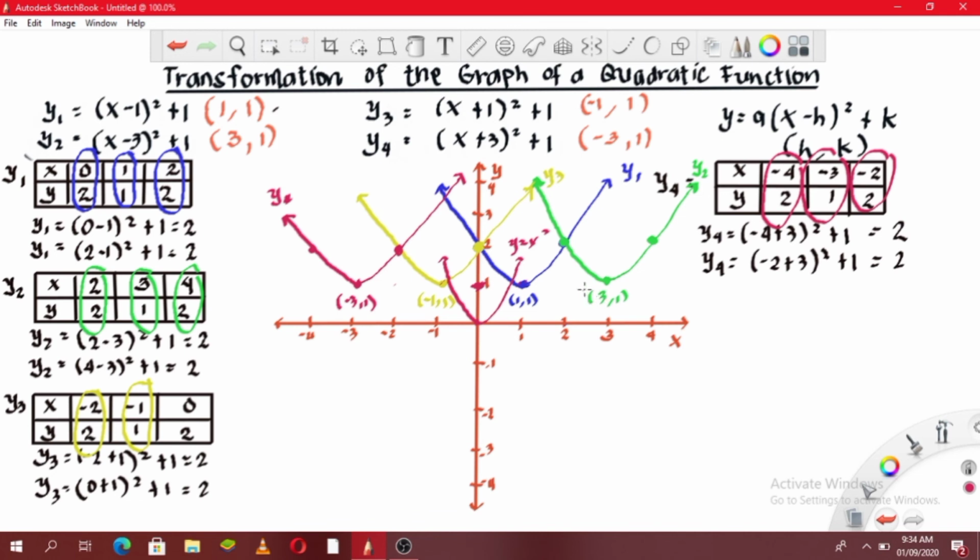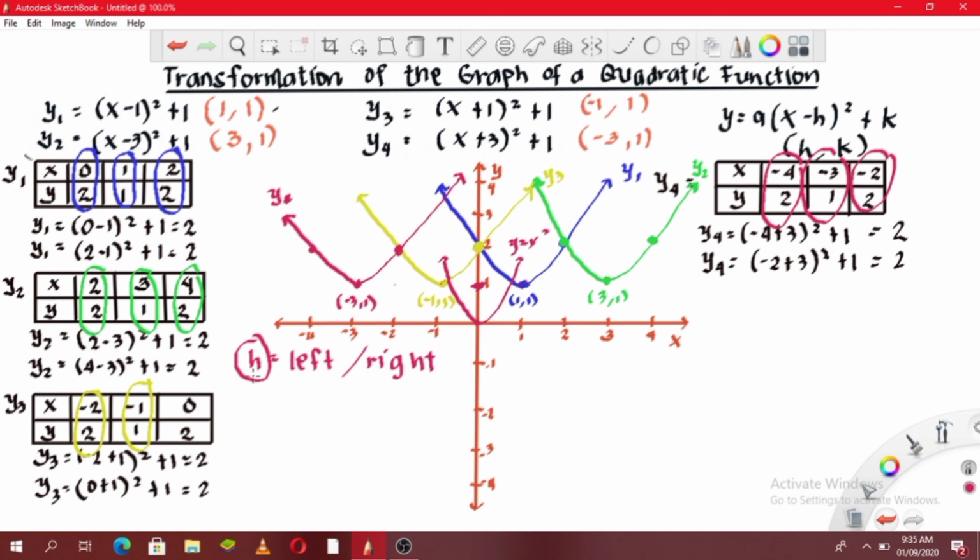So, we can make a conclusion here na yung h ang magi-indicate ng shifting ng graph whether left or right. So, again, yung h niya ang magsasabi kung ito ba ay mag-shift, gagalaw ng kaliwa o kanan.